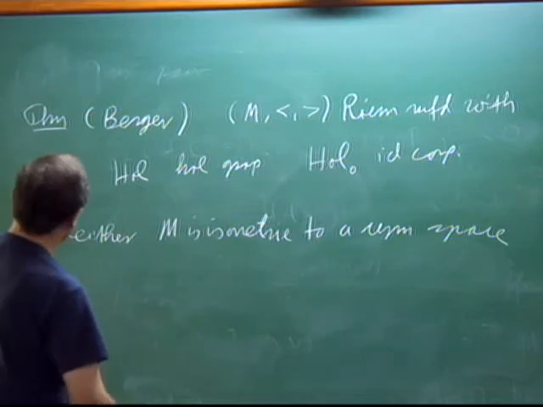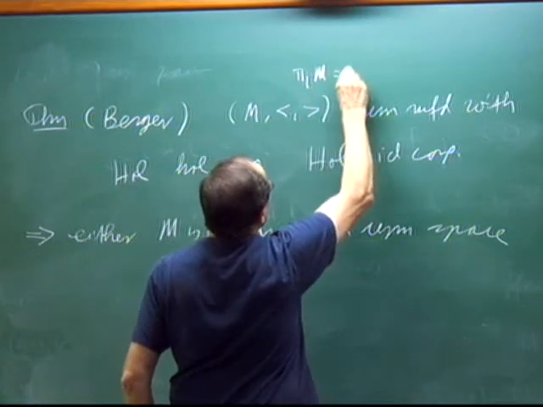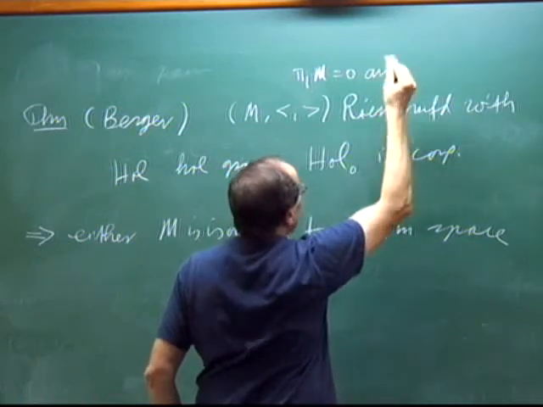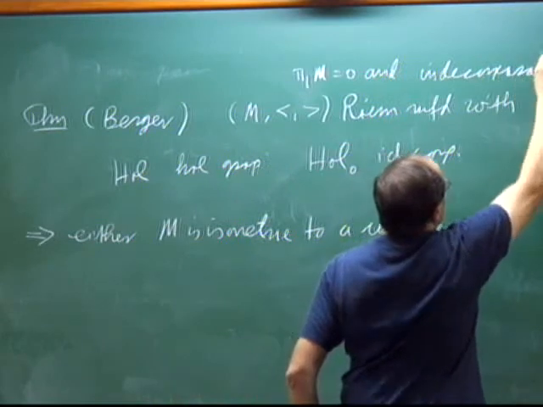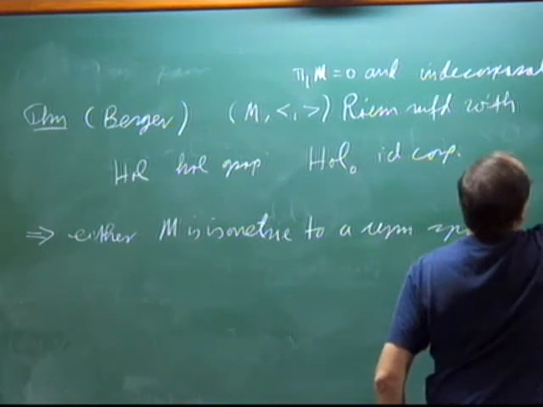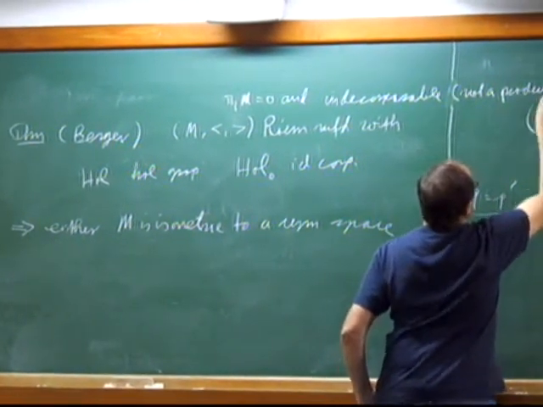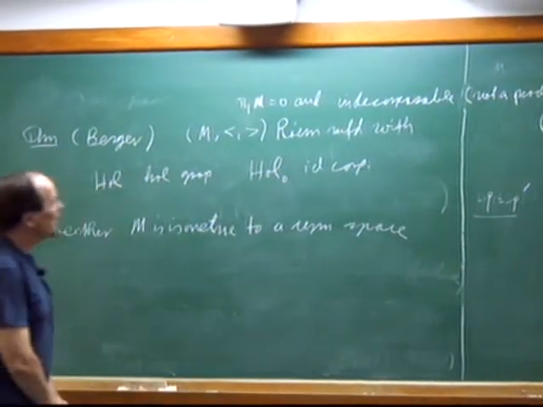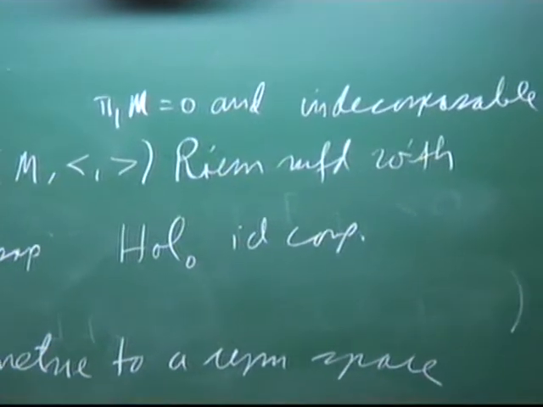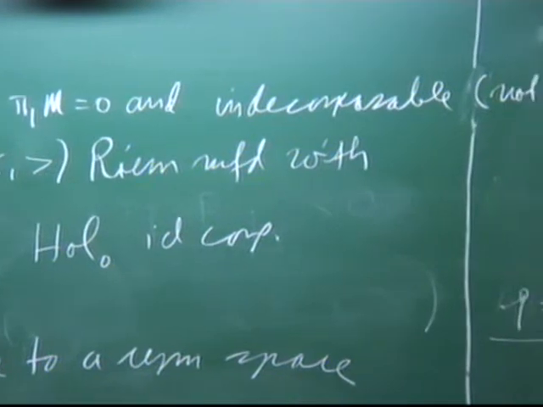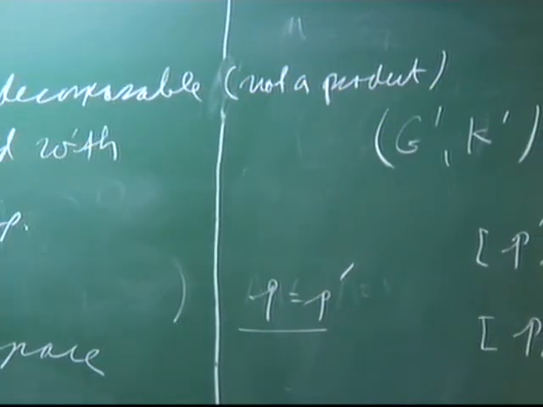And just to make sure I'm not missing something, let's assume simply connected, and what we call indecomposable, so not a product. As a Riemannian manifold, I can't write it as a Riemannian product of two manifolds. That's not restrictive because the holonomy group splits up as a product of two groups. So if you want to classify holonomy groups, I might as well do it for those manifolds which aren't a product of two other things.